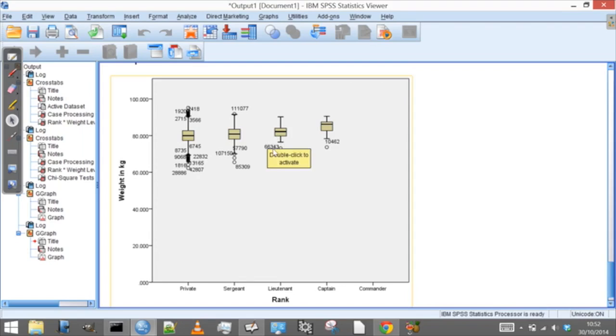So what I see in this is that there does seem to be a general increase in the median weight with increased seniority or increased rank. So as the rank goes up, there seems to be a small increase in weight. Now, I can't tell from this plot whether this is a statistically significant effect, and I can't tell how strong that correlation is.